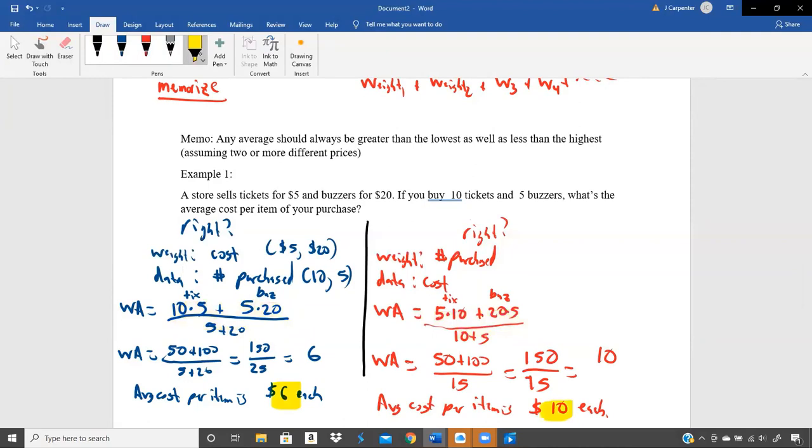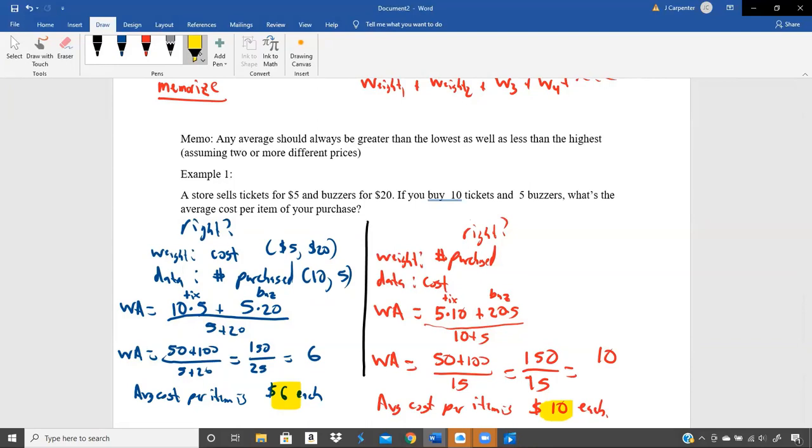So now what we have to ask is, which one is more likely to be the correct answer? Which answer makes more sense? Because here's how weights work. If I bought 10 tickets and only one buzzer, the thing that you buy more of is going to have a bigger effect. The thing that you buy more of, or the thing with the bigger weight, is going to have a bigger effect on the average. It means the answer will be closer to that one.